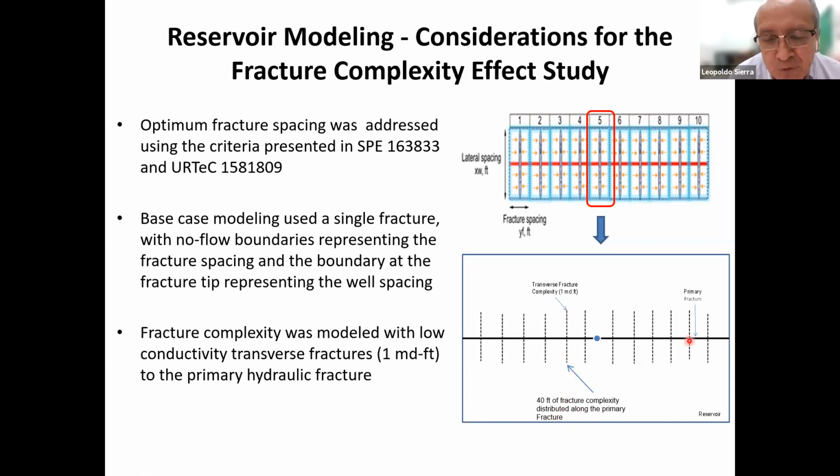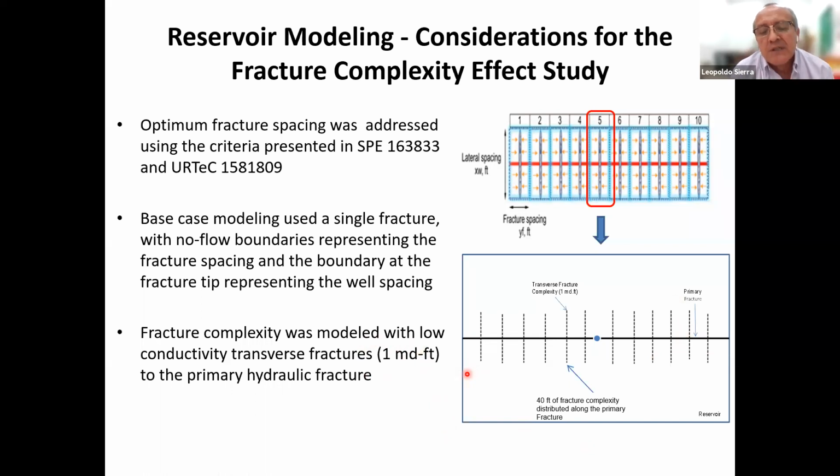This is really to mimic the effect of the complexity on the hydraulic fractures. The conductivity is going to be generated primarily by the fracture, but for the fracture complexity here, we're assuming the conductivity is 1 millidarcy-feet.